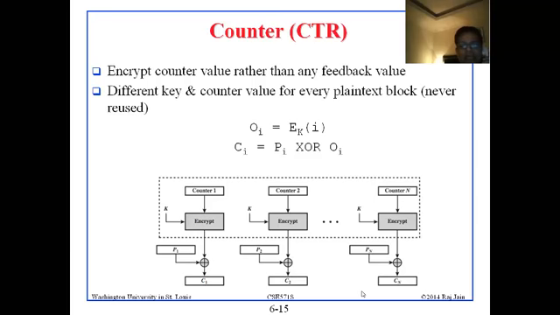Okay, and you have the advantage of parallelism. You have the advantages of other things like pre-computation and so on. So basically what you want to do is you want to have counters which are not reused, because if you reuse the counter, then it's the same encryption value that will come, and one can easily compute backwards.